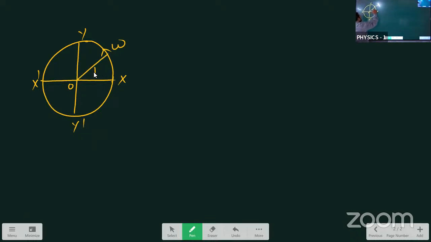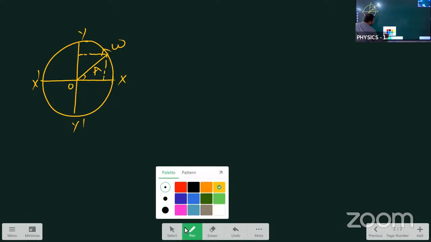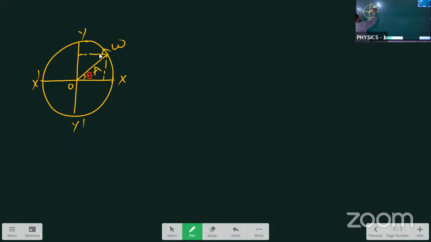This is A, nothing but the maximum displacement, which we call amplitude. So we are getting two right angle triangles. This is the angle theta. This one is theta, so obviously this one is also theta.